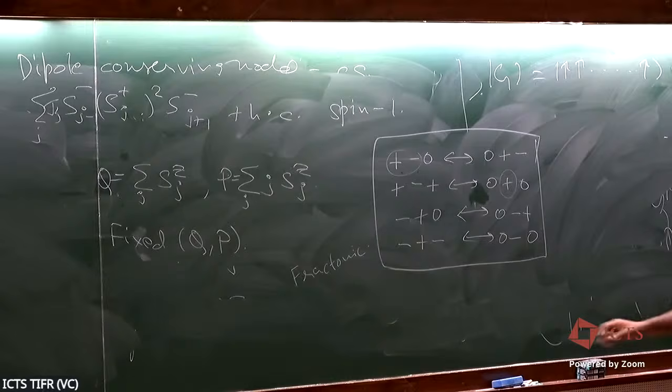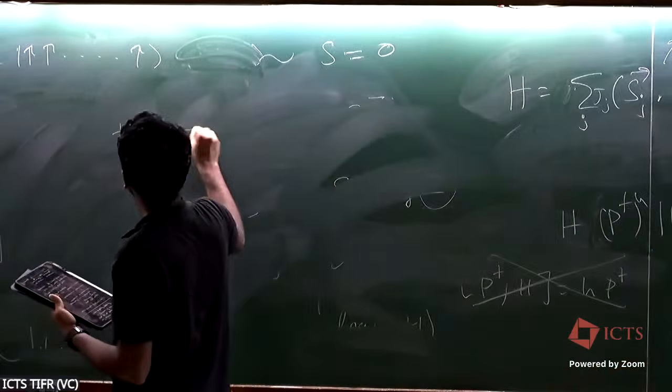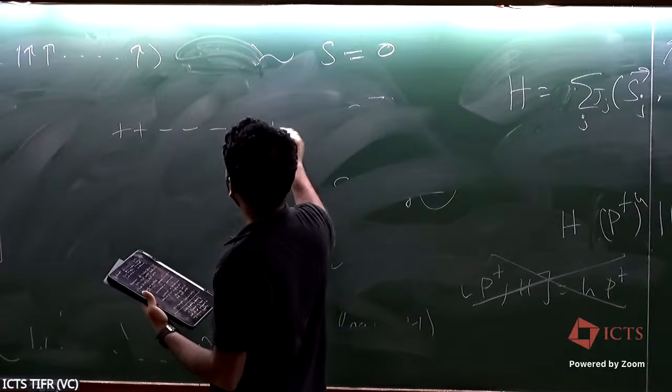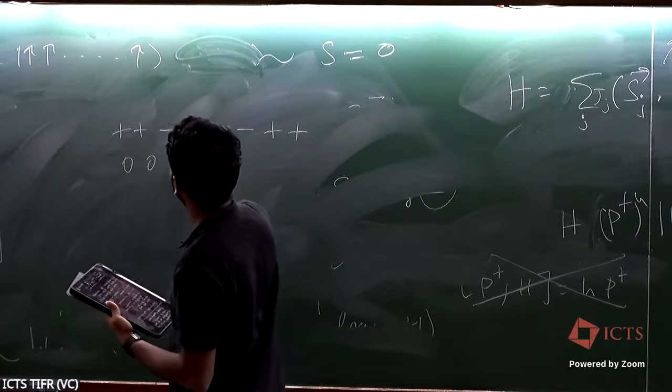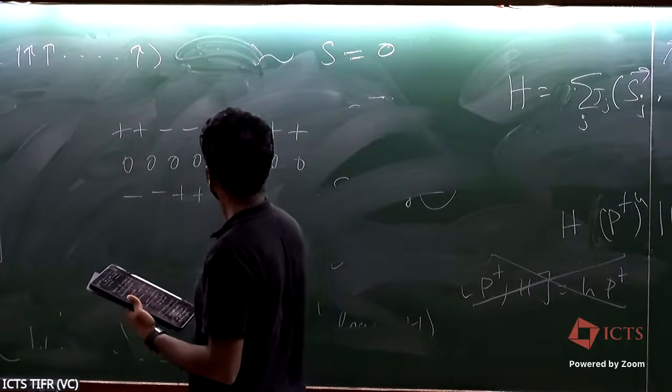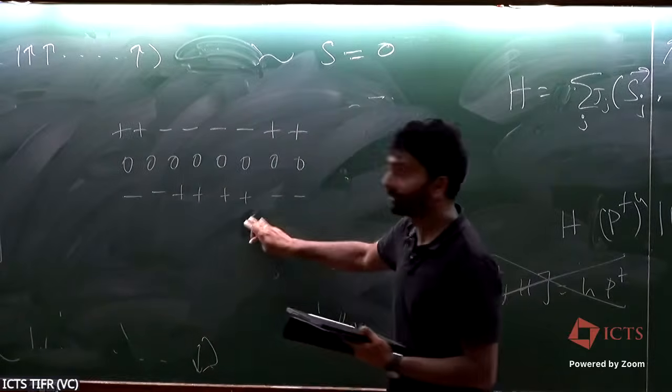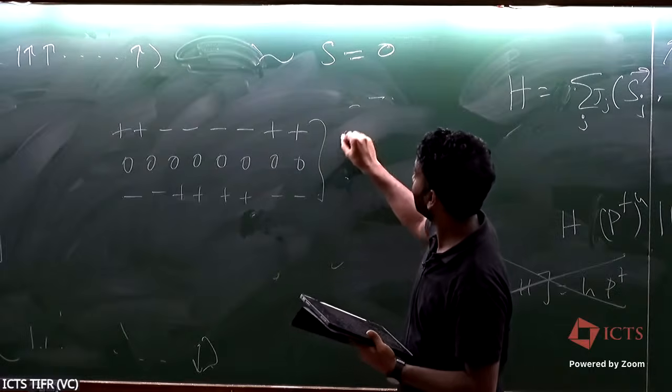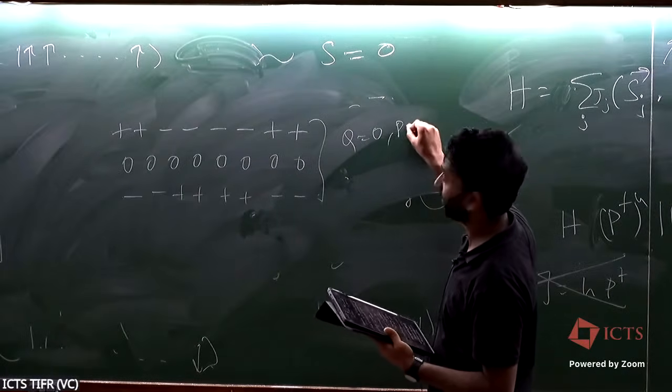Okay, so now I start with 3 initial states, which all have the same charge and dipole moment, and you can easily see that something is wrong. You have states that look like this. There is this state, there is this state, and then there is this one. All of these you can compute have 0 charge and 0 dipole moment.